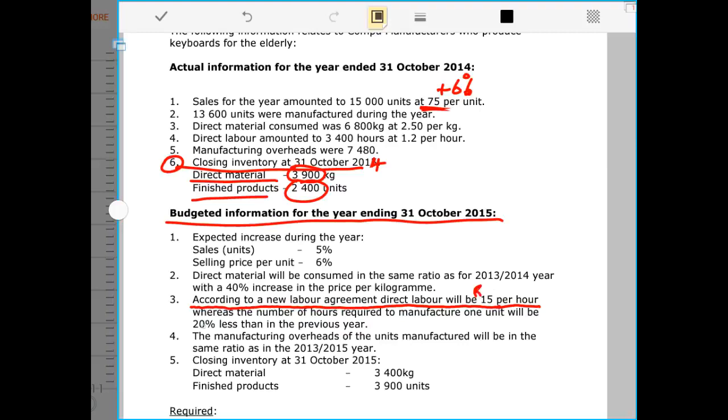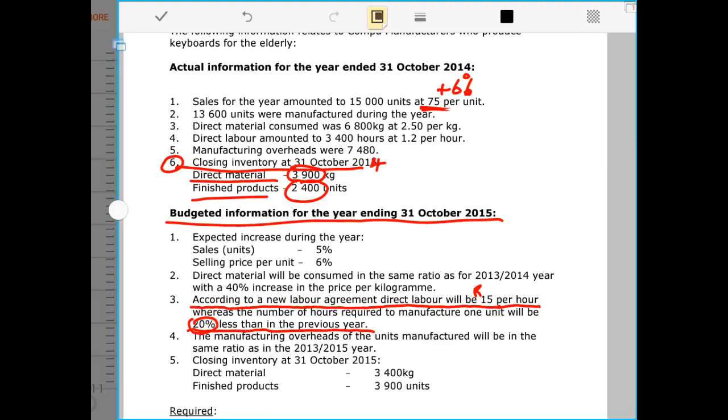Whereas the number of hours required to manufacture one unit will be 20% less than in the previous year. So now that means the number of hours it takes to complete one unit will decrease by 20% when we compare that with the previous accounting period.